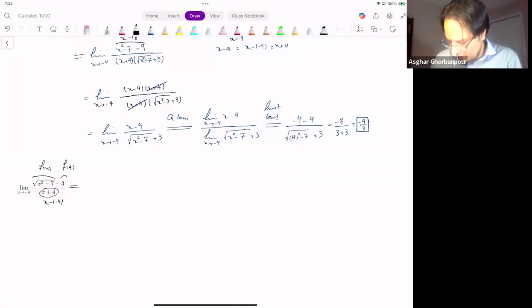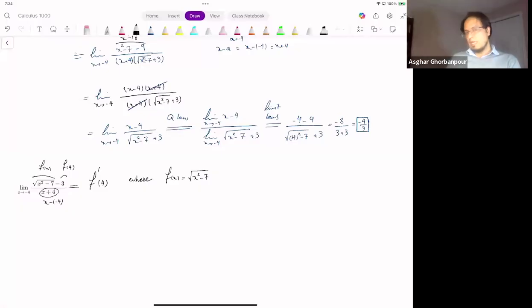So this is nothing but f prime at negative 4, where f of x is root of x squared minus 7. How can I find the derivative of this?